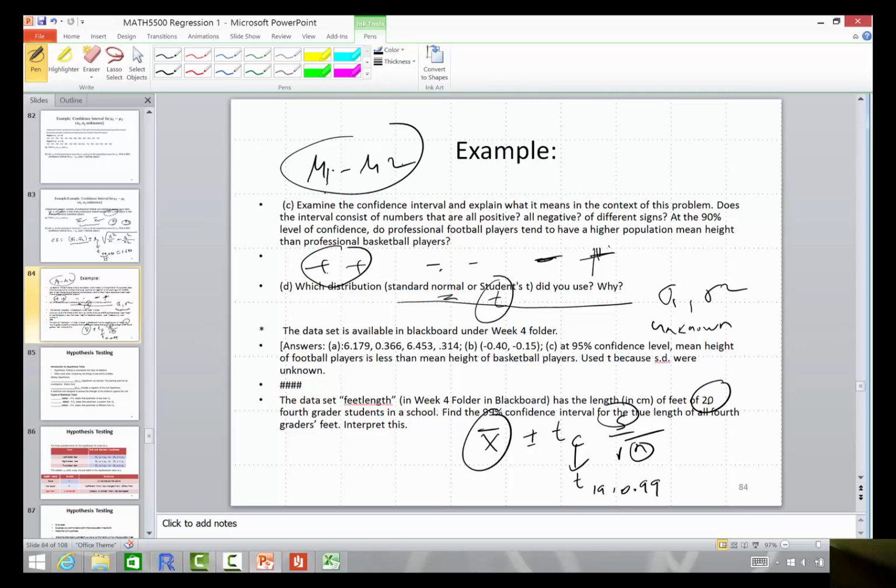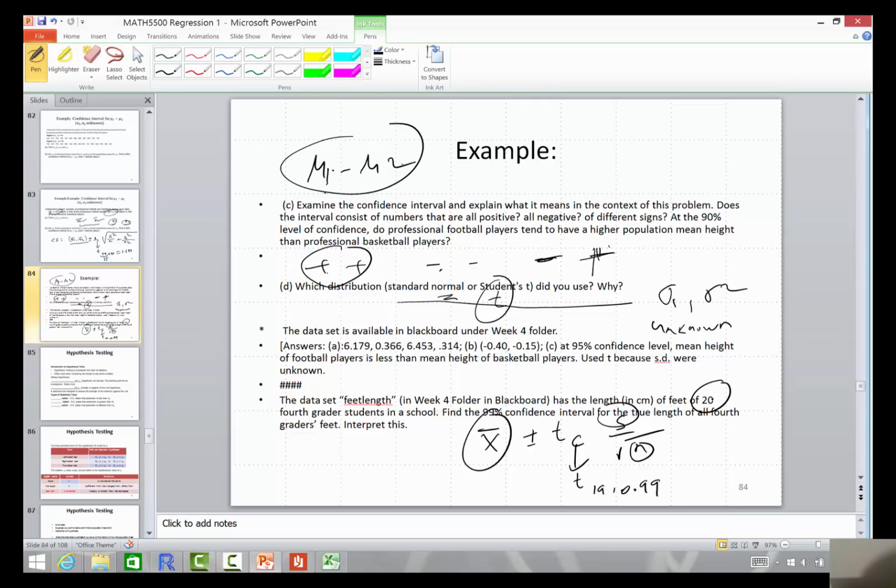In this case, you need to check whether there are outliers or not. Does the data come from a normal population? We don't know. So you need to check the data for any outliers. Understand what I am telling you here: the population is not normal, and the sample size is small, smaller than 30.